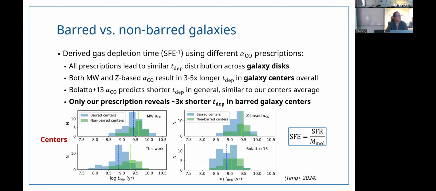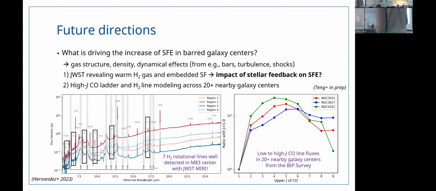So this brings up a very interesting question: what specific conditions are driving the higher star formation efficiency in these regions? To answer this question would require more future work, because the conditions that could be driving star formation efficiency variations, such as the gas structure, density, or dynamic effects, are the same conditions that would alter the CO opacity and alpha CO variations.